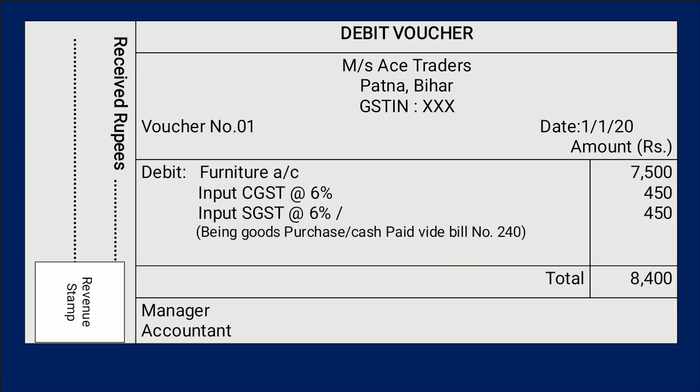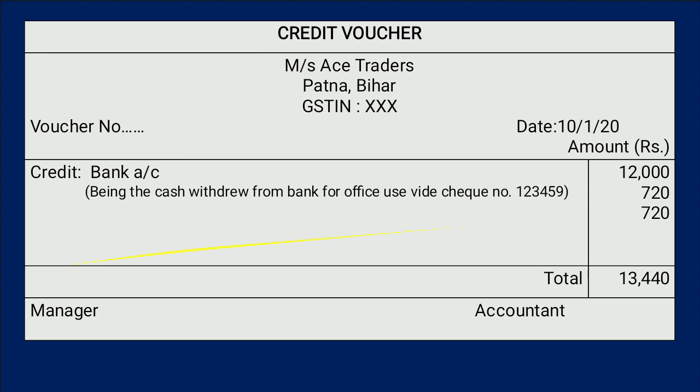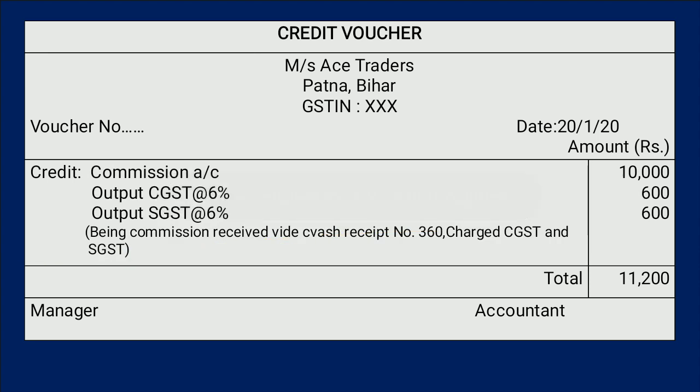Then the last transaction is commission received 10,000, with cash receipt number 360, charges CGST and SGST at the rate of 6% each. According to this transaction, on the very top we write credit voucher, again the name of the party on whose behalf we are preparing, that is Messrs Ace Traders, their address, GST number, voucher number, and date. We mention the title of credit, that is commission, 10,000.